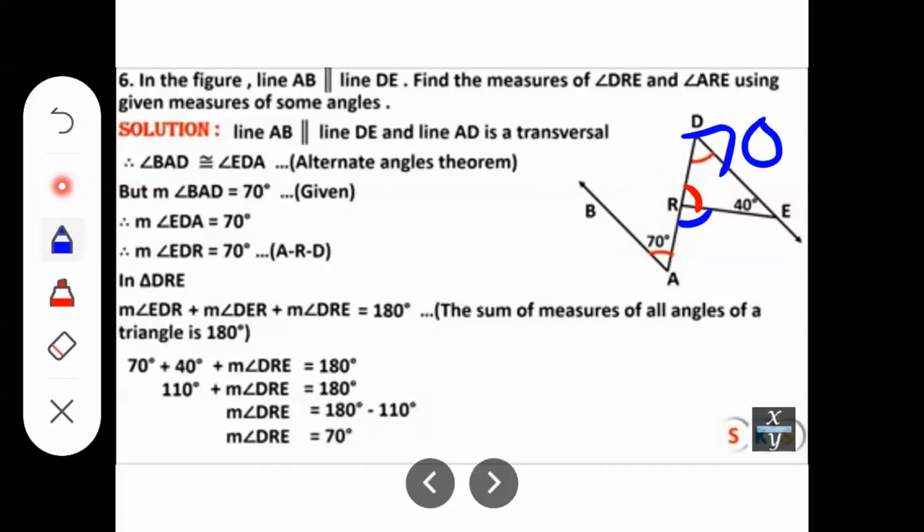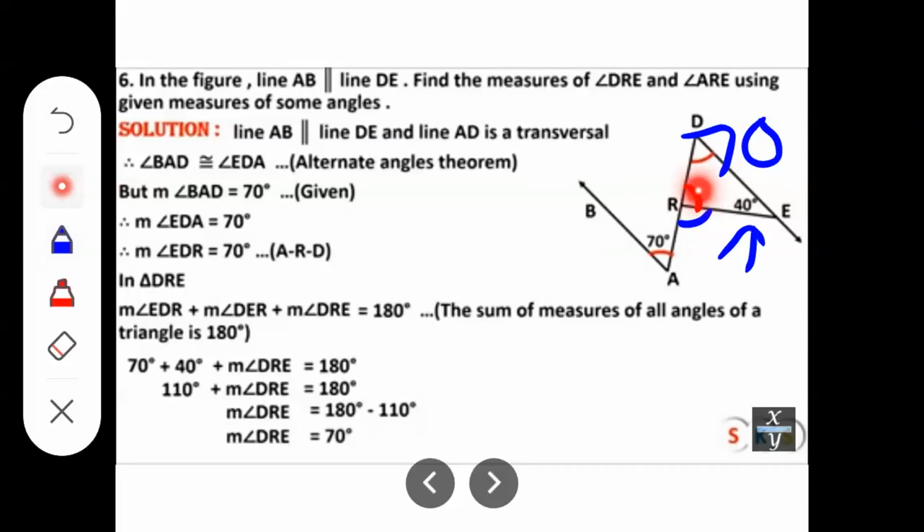Now, if this angle is 70 degree, this is 40 degree, then this R angle, that is also interior angle. See the pointer, that is also interior angle.